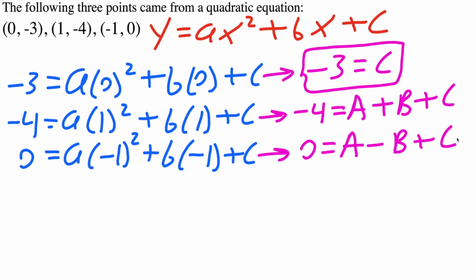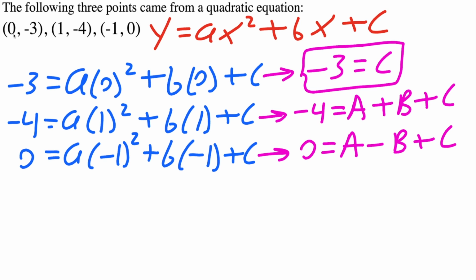Now the fourth step says perform multiple substitutions and or elimination to solve for a, b, and c. Now this problem isn't as difficult as other problems because for one of our points we had (0, -3), and that made getting c very easy. If this was any other point where the x value wasn't 0, this would be more involved.